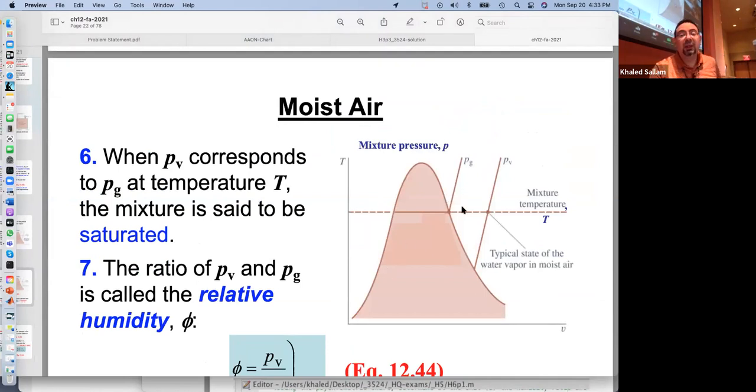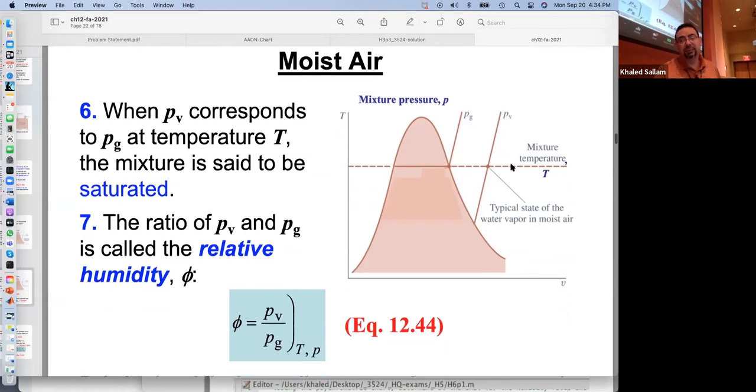So what is phi? It's the ratio between the pressure of the water vapor in the air. We call that the partial pressure of the water vapor. Because this 1 atmosphere room we are in, water vapor is only part of this 1 atmosphere, a very small part. That's the partial pressure. So that's P vapor.